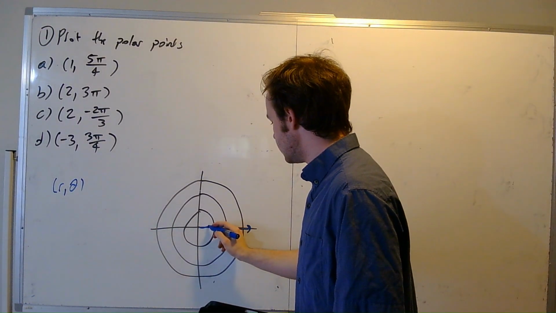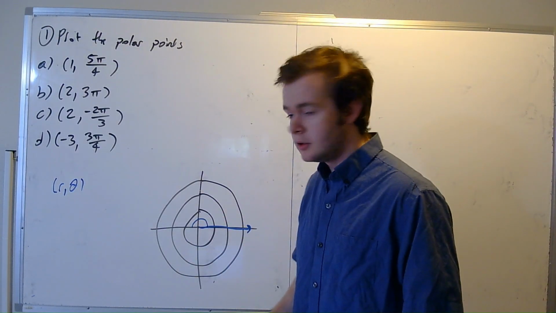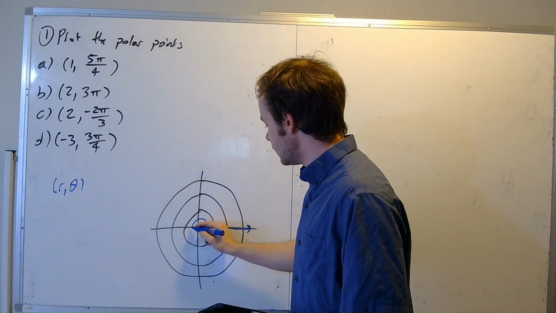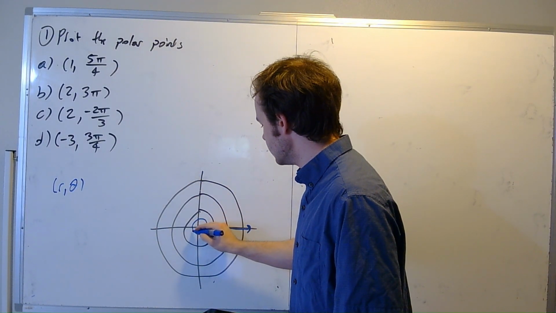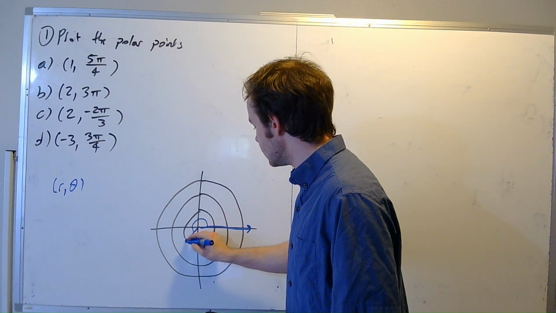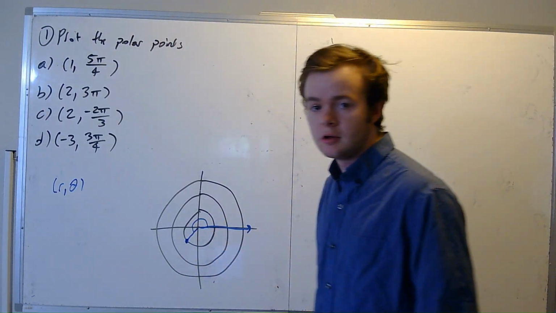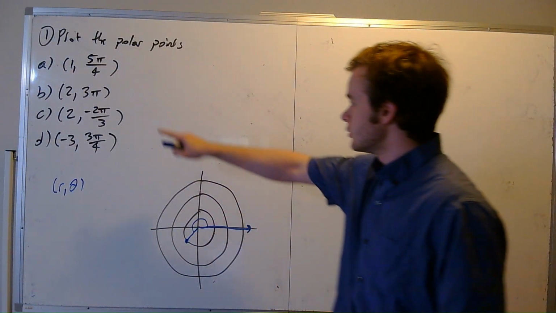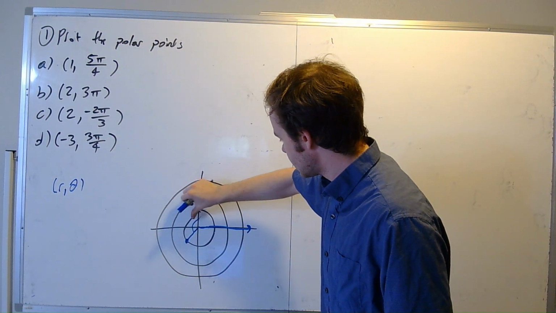So that would get you over to here. That would be 180 degrees, but you're adding pi over 4. So you're adding an extra 45 degrees. So you're actually going to go to here. And now this is going to be your point, because notice that angle that I drew was 5 pi over 4, and we said that it lies on the circle of radius 1. So this is going to be our point.